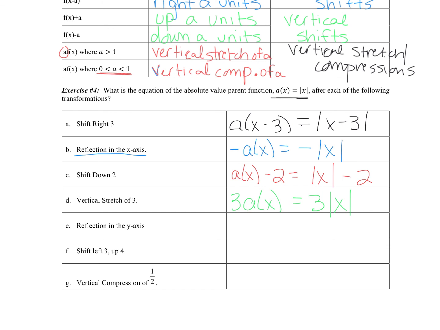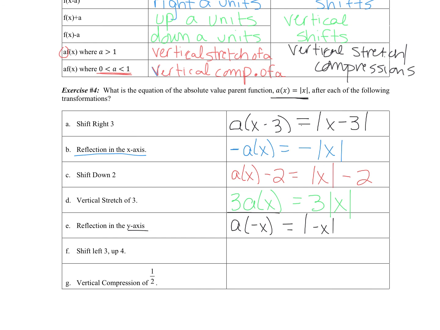And as I said, this part has just as much to do with how comfortable you were with the last lesson. You'd really just take the rule and then use what you learned last lesson about writing functions. So if you're having trouble with that piece of it, like how do I write them once I write the function notation, that's more last lesson to look at. Reflection in the y-axis, so that's a of negative x, right? If I'm reflecting in the y-axis, I make the x negative. So that's absolute value of negative x.